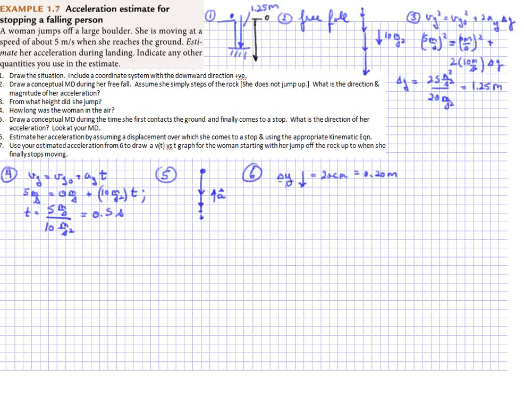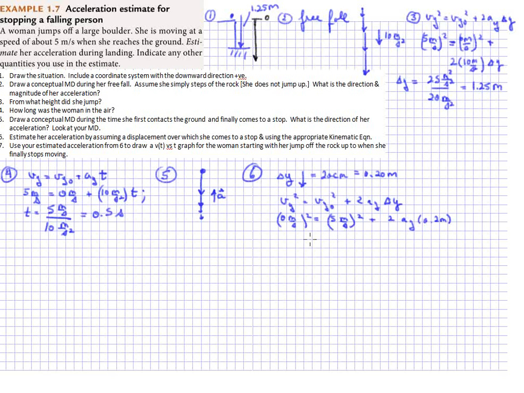And now I'm going to estimate her acceleration using this equation, Vy squared equals Vy naught squared plus 2 a sub y delta y. So I know that her final velocity is 0 meters per second. Her initial velocity is 5 meters per second just as she hits the ground, plus 2 times a sub y. This is what I'm solving for. And I've got a downward displacement, which is positive according to my axis, of 0.20 meters.